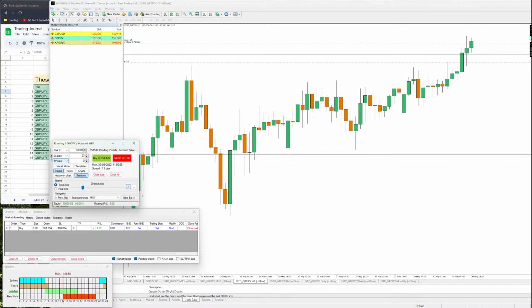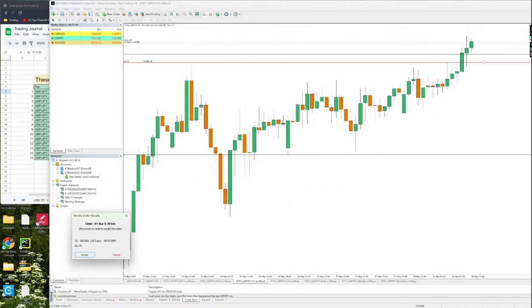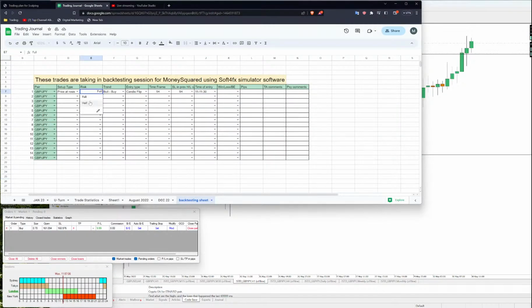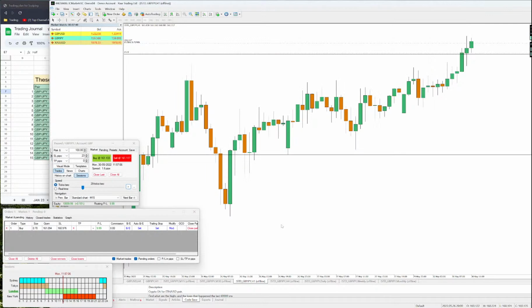We're gonna move the stop loss to the current candle here. So we reduce our risk and put this here, risk half. And then we will see. If we move, we move. If we don't, we don't.